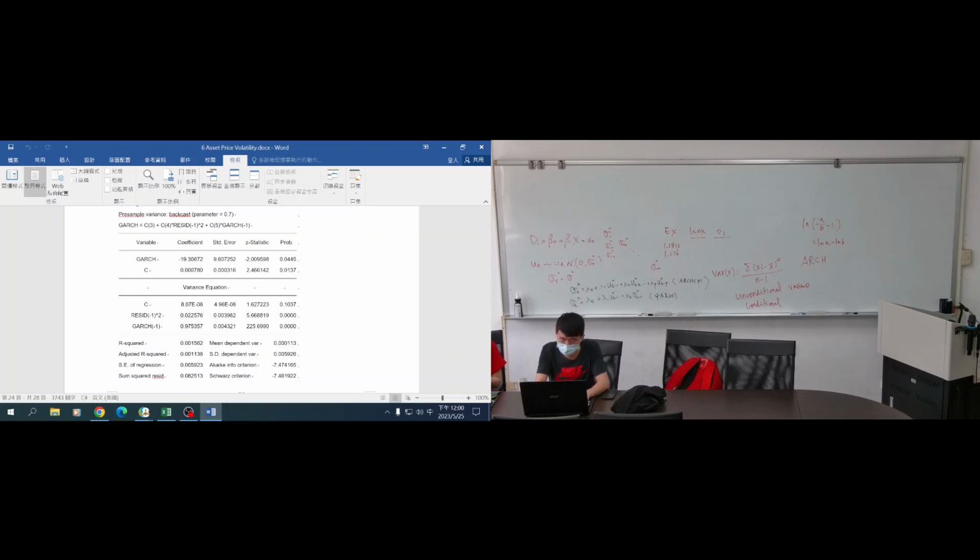And when you do GARCH-M, you need to choose the variance in order to get the output.